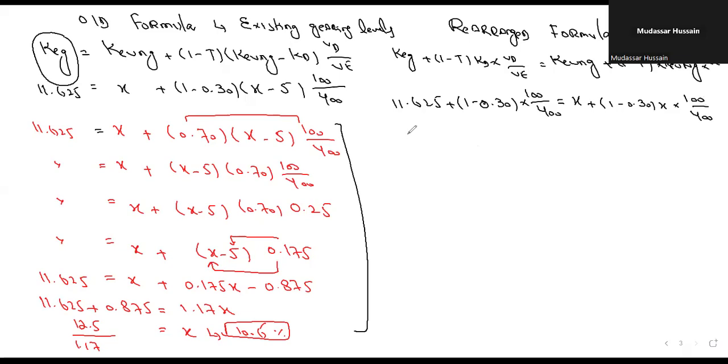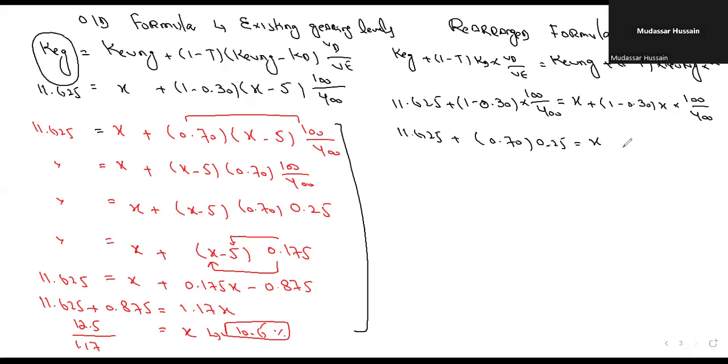Now see, when you solve, this is 11.625 plus 100 divided by 400. This is giving you 0.25, and we are multiplying it with 0.70.